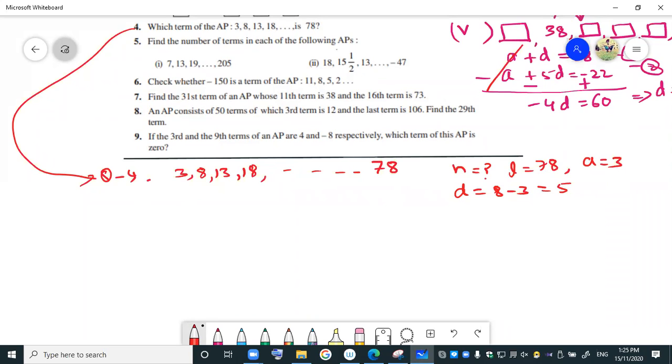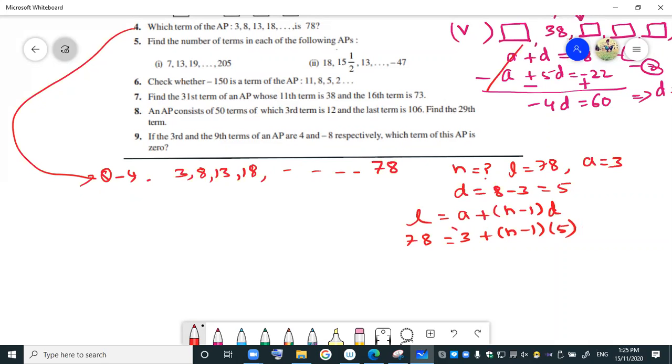And we have the formula L is equal to a plus n minus 1 into d. Last term is 78. First term is 3 plus number of terms we have to find out, and common difference is 5.